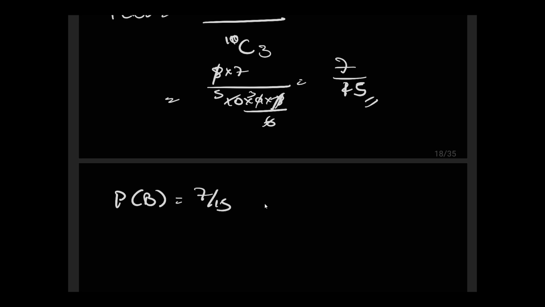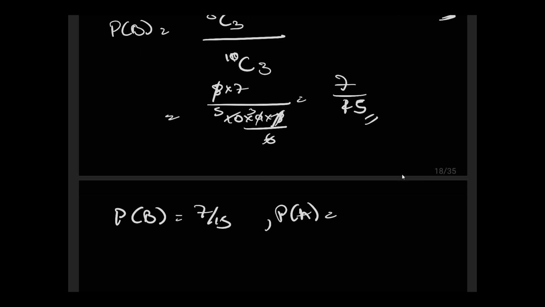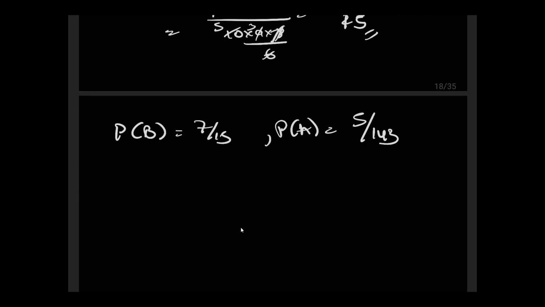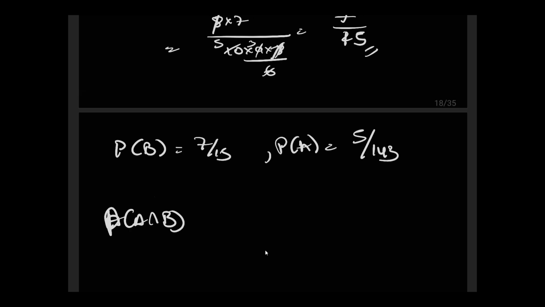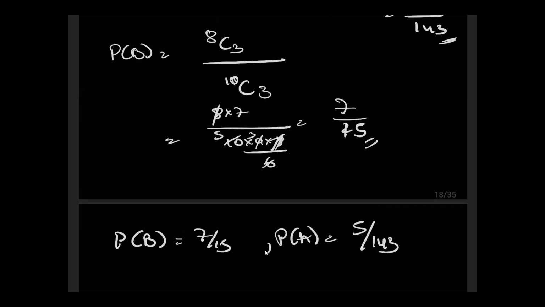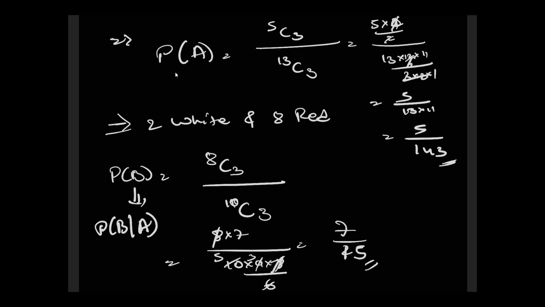So P of B will be 7 by 15, and P of A is 5 by 143. They are asking P of A intersection B. I forgot to mention, this is not P of B, but P of B given A, since we are assuming the event A has already occurred.